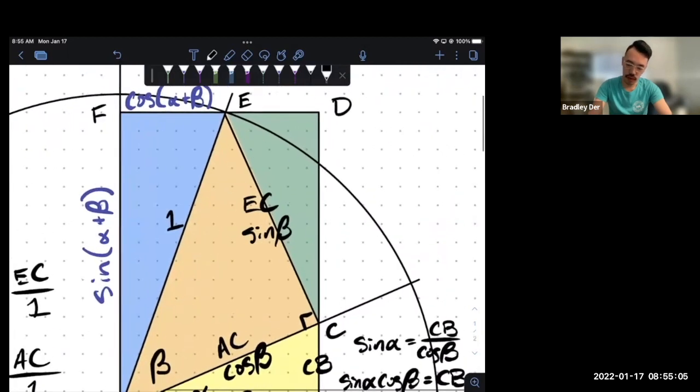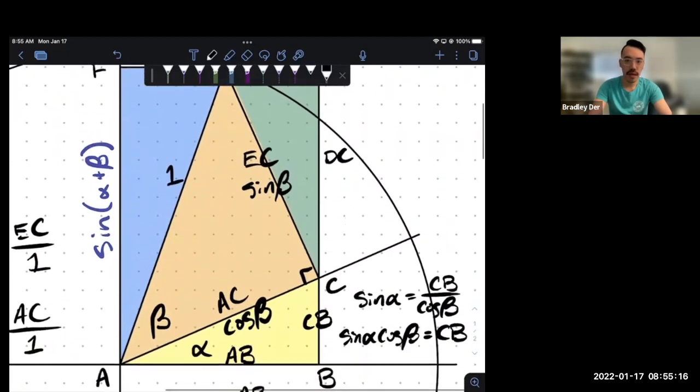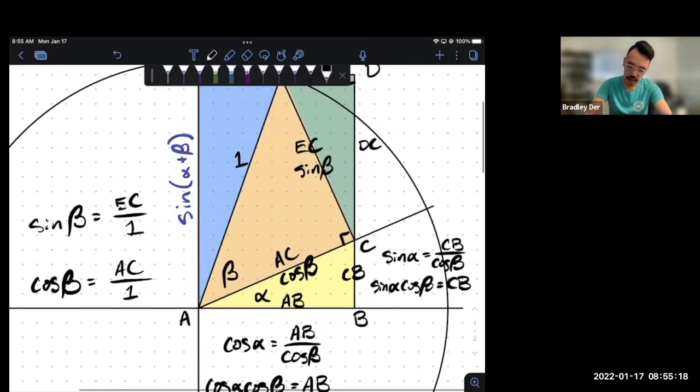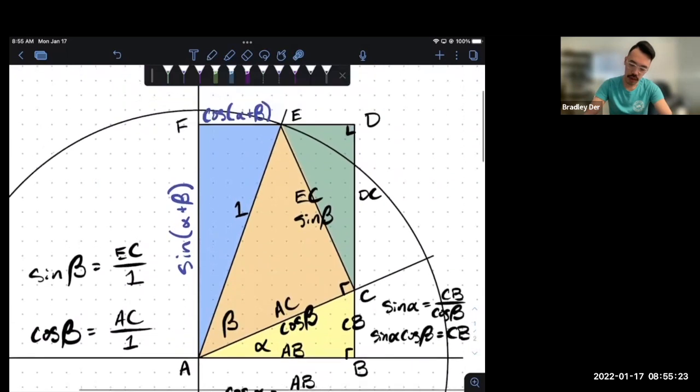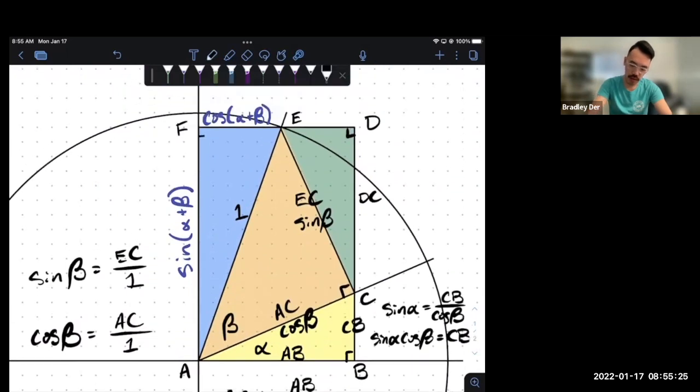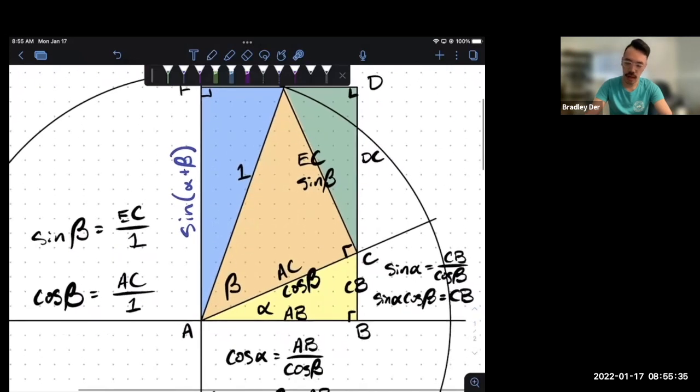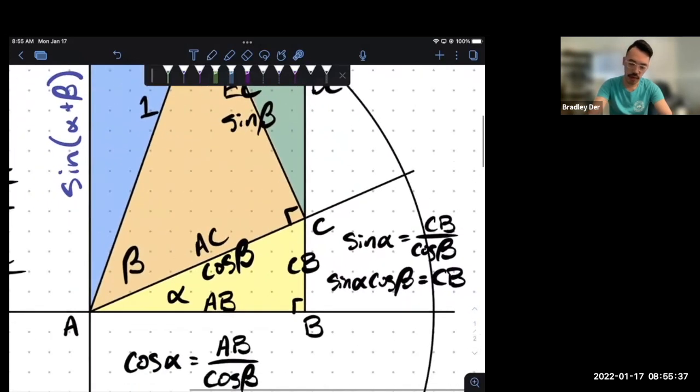We've got one more here. I want to know DC. I might use some SOHCAHTOA. The question is, which angle am I going to use? Well, we've already seen that we know alpha and beta. We have a bunch of right angles in the corners because of our rectangle. We know this is the right angle because we dropped an altitude. That actually helps us find more angles for that green triangle.